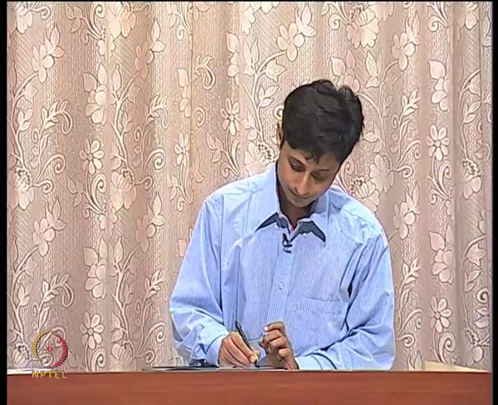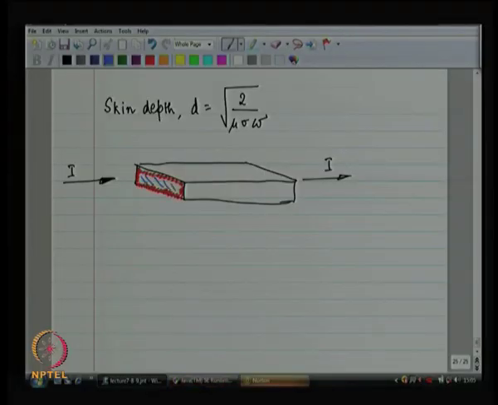That is what this exact formulation is, but never mind, for our purposes how we are going to interpret this is that all the current really goes through the surface, through a cross section of depth d, and the remaining portion of the bulk of the copper plate is unused. So, this portion of the copper or whatever material you are using is unused.